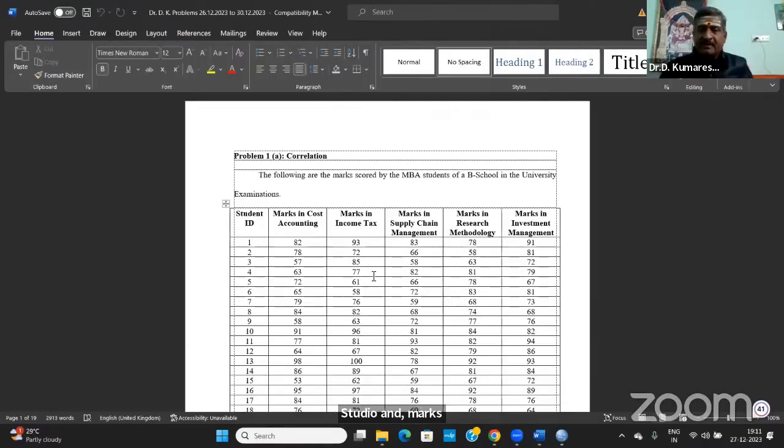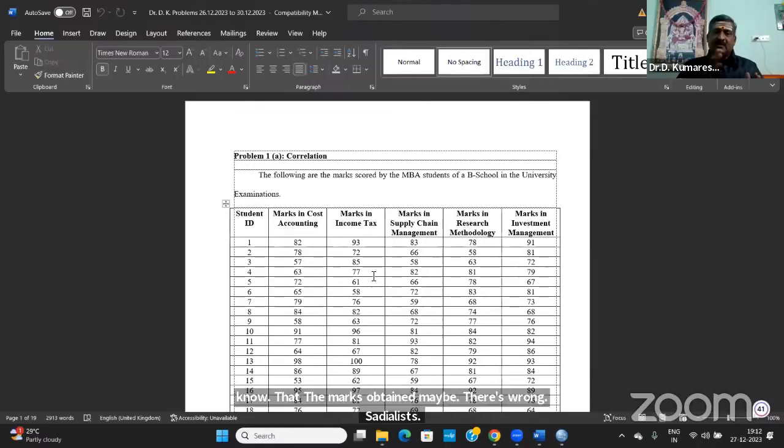So here, study hours is the independent variable and marks obtained is the dependent variable. We know that the marks obtained may be based on study hours, how hard you are preparing, or how much time you have spent for preparation.